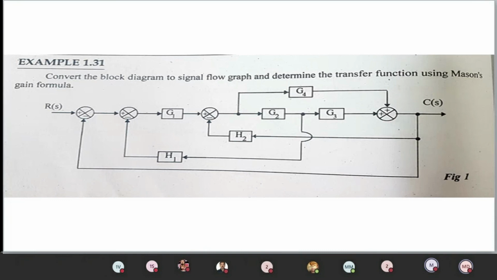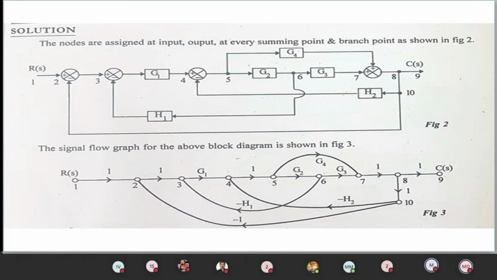And if between two nodes you don't have any gain, substitute by 1. Now let us see. Between 1 and 2, 1, because you don't have any gain. Between 2 and 3, 1. Between 3 and 4, G1. 4 and 5, 1. 5 to 6, G2. 6 to 7, G3. 7 to 8, 1.